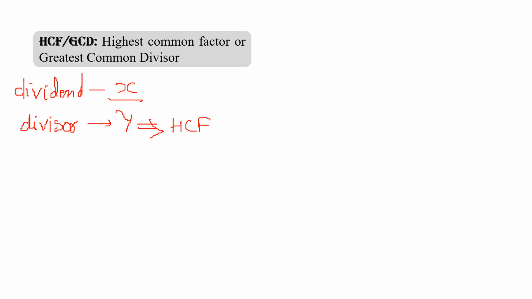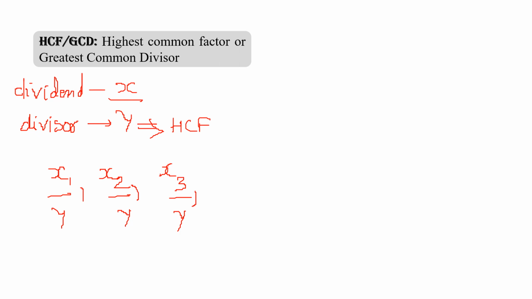So they give us the dividends, say two dividends x1 and x2, or say three dividends, and they want us to find the denominator such that this denominator is common for all these dividends and it is the highest number that will divide these dividends thoroughly, exactly.